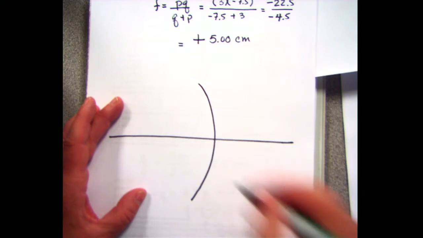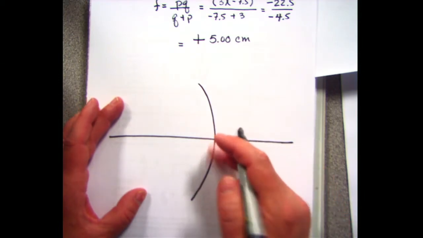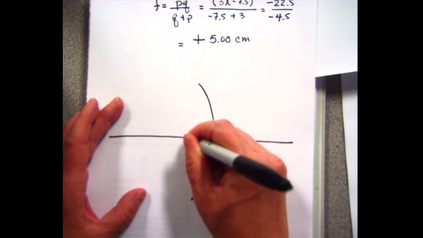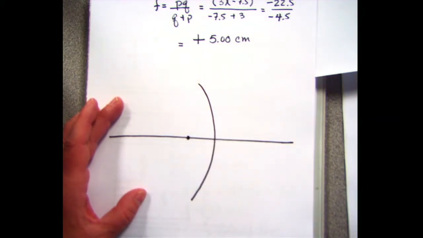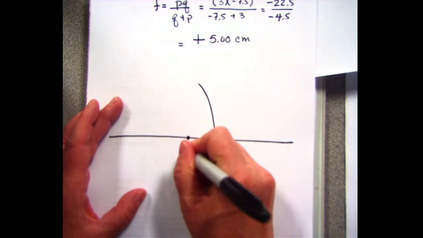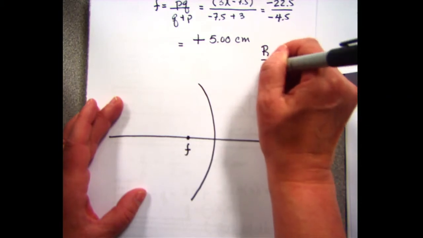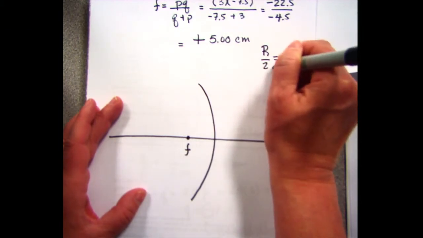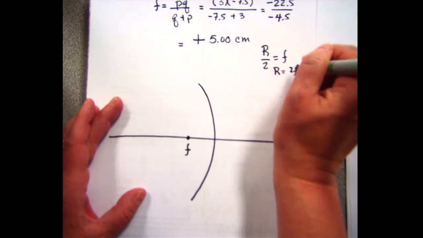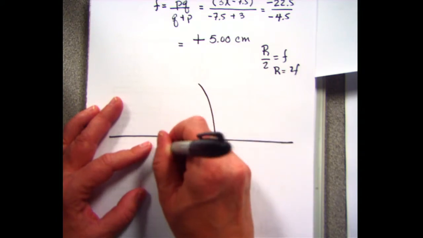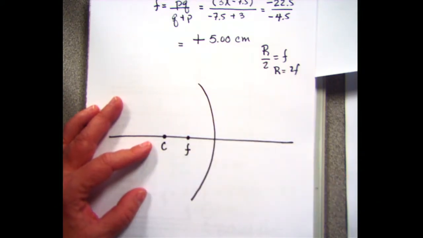I want 5 centimeters as my focal point, so I'm using a scale of about half a centimeter to 1 centimeter. This is going to be my focal point. My focal point is my radius of curvature divided by 2, so my radius of curvature is going to equal 2 times the focal point. So it's about the same distance over here. This is where my radius of curvature is for the mirror that I've got.